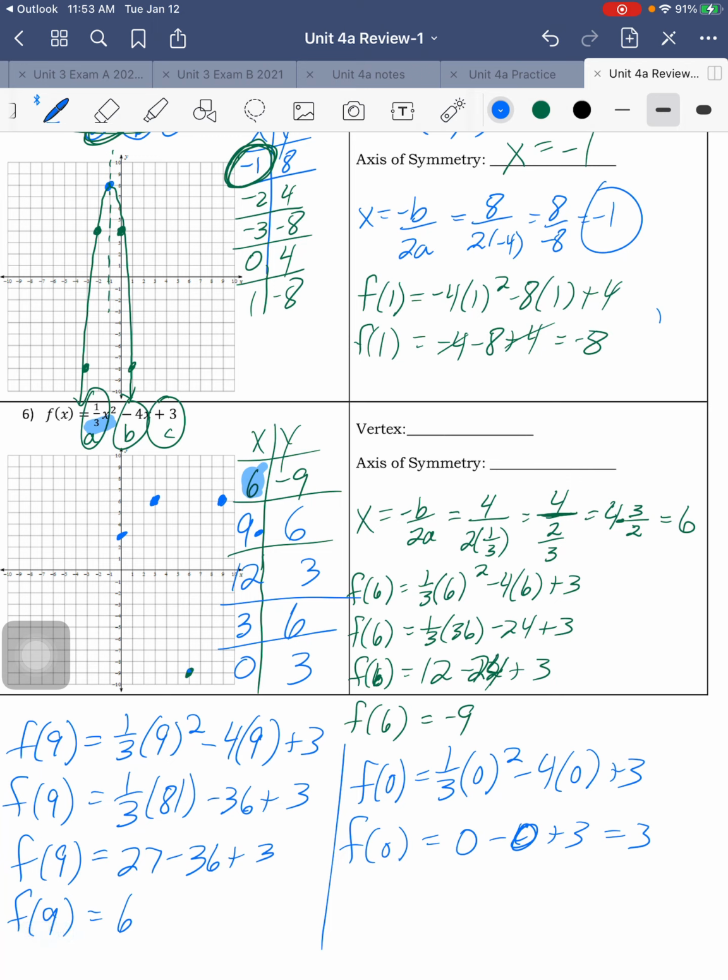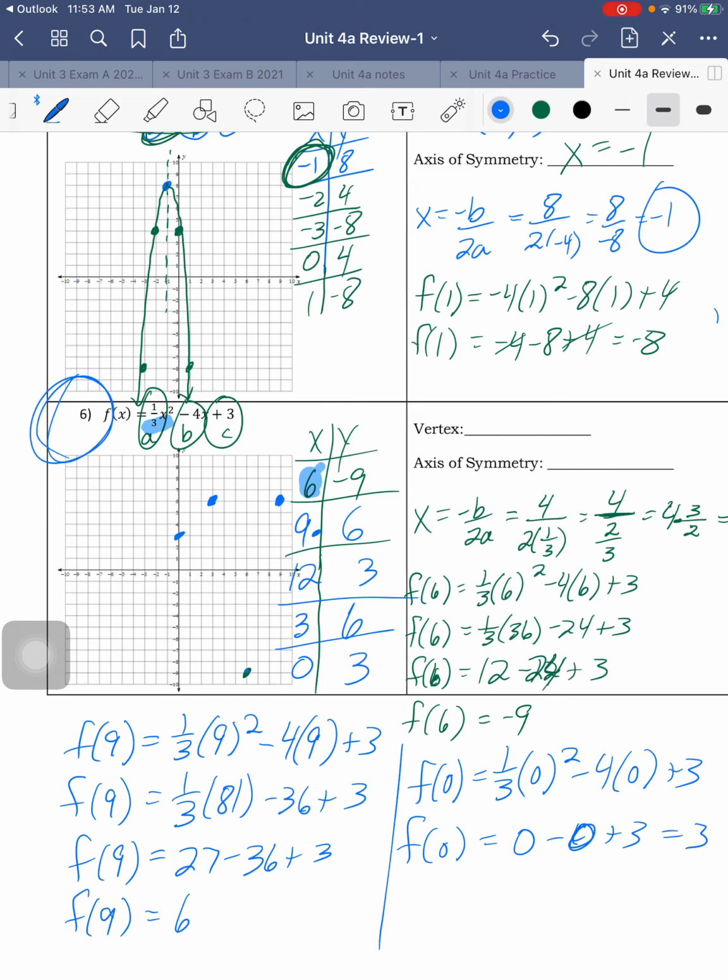I am not seeing what I did wrong right now. 1/3 of 36 is 12. Negative 4 times 6 is negative 24. So it's negative 12 plus 3, which is negative 9. I'm going to have to get back with you in class on this one. I will work on number 6.